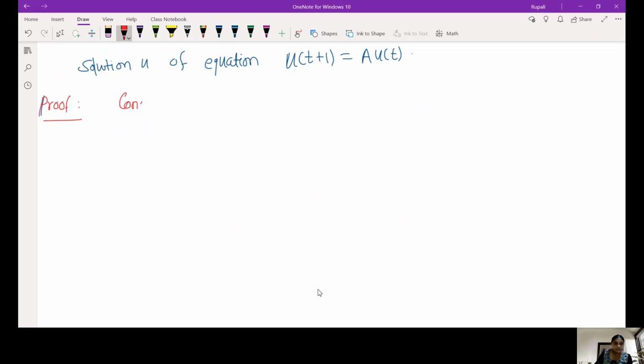Consider the equation u at t plus 1 equal to A times u(t).